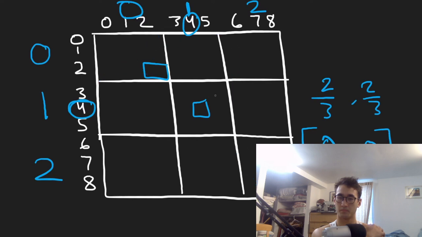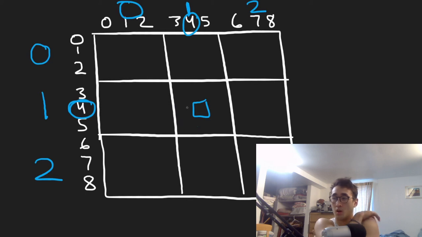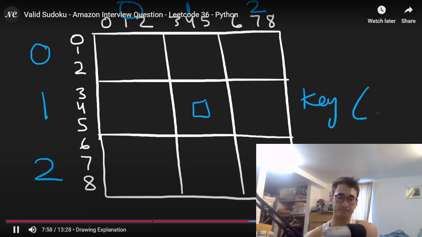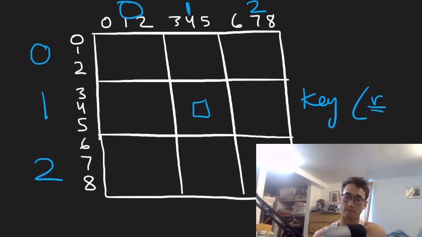So that's how we're going to identify, when we go through every cell in the entire Sudoku board, which of the 3x3 grids it is a part of. When we convert it to the row and column, basically row divided by 3 and column divided by 3, that's what the key of the hash map is going to be.